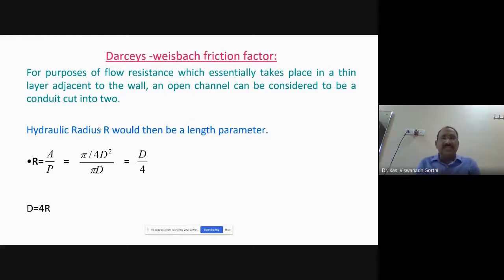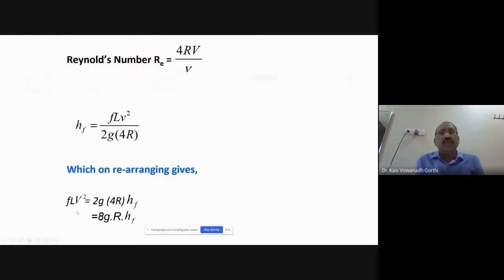To analyze for this Darcy-Weisbach equation, hydraulic radius R would be considered. Hydraulic radius, as we know by definition, is A by P, wetted area by wetted perimeter: (pi by 4 d square) divided by (pi d), or it becomes D by 4, or D will be equal to 4R. D, the diameter of the pipe, would be equal to 4R.